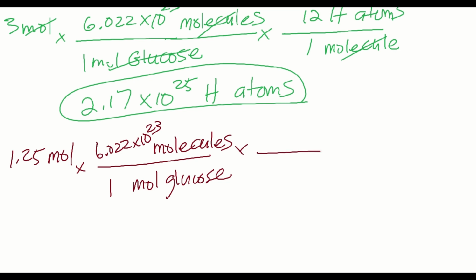Now we're asked to get the number of oxygen atoms, so that's 6 oxygen atoms for every 1 molecule of glucose.